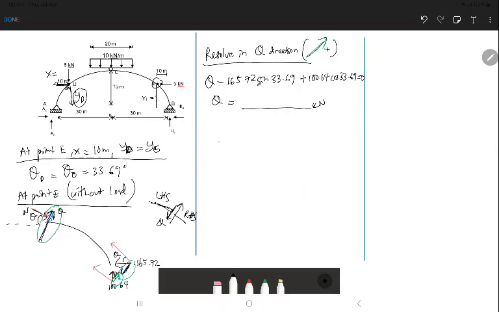Okay, next, resolve in n direction. Okay, this direction is positive.